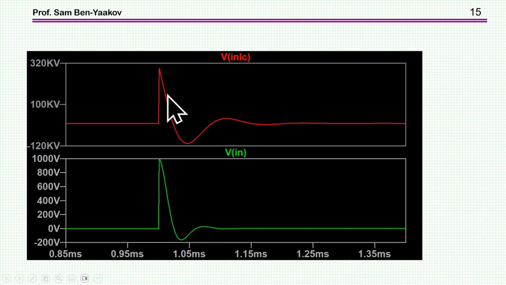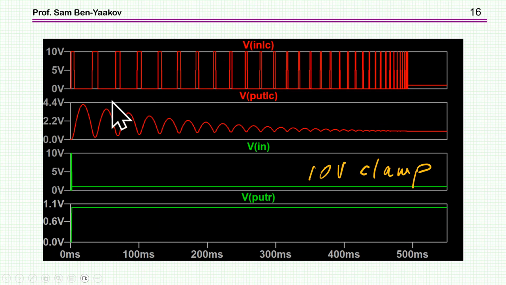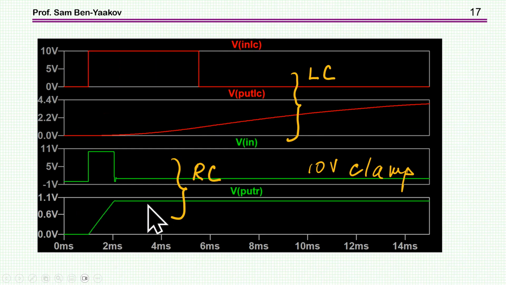So now I'm invoking the clamping. I'm not allowing this circuit to go much higher. So this is for the LC case, and this is for the RC case. You see that in the LC case, there is some oscillation, and also here we have a different response. Here is a close-up.